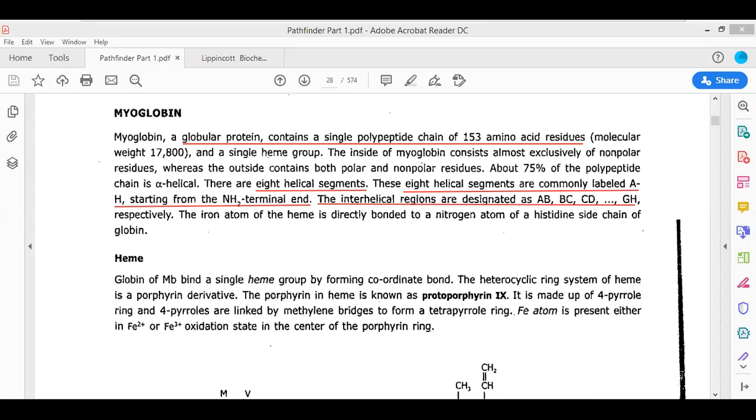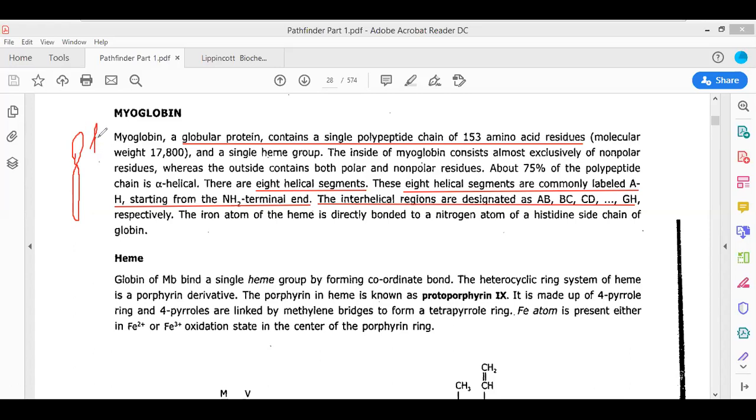So there is one very important funny point. I don't know whether you know or not. Now see this. Myoglobin is encoded on chromosome number 22. Let me redraw the structure of the chromosome. There are two arms of the chromosome.